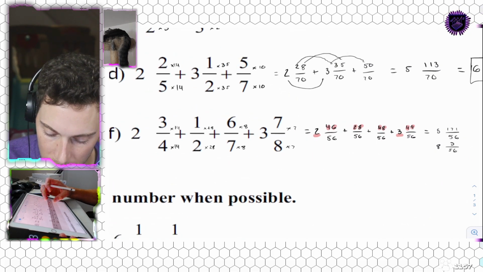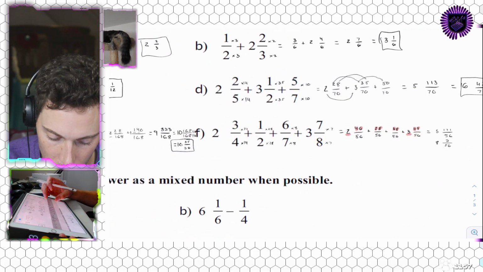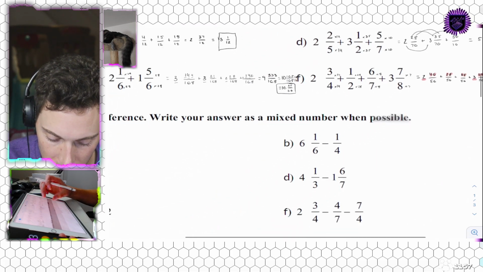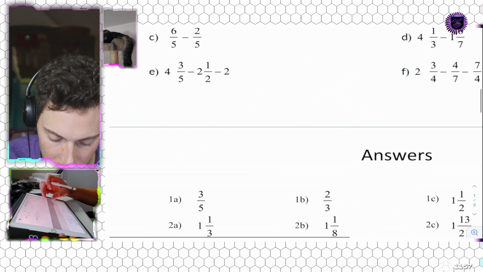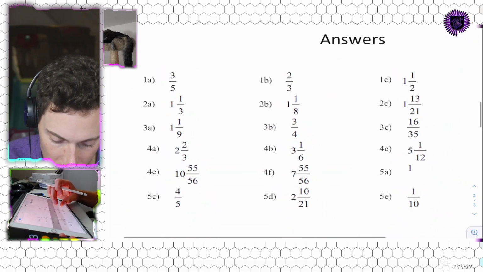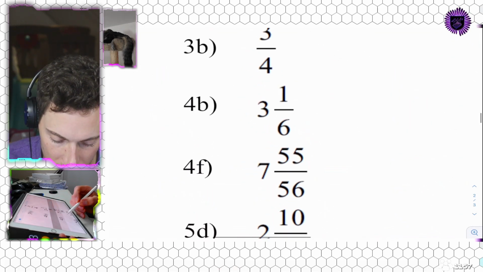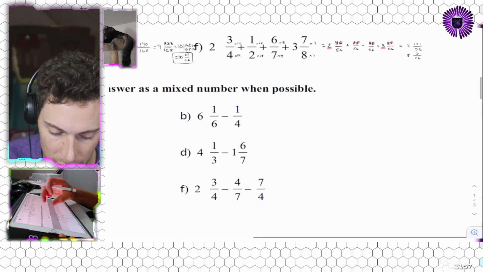2F. 8 and 56. That's wrong. Gosh darn it.